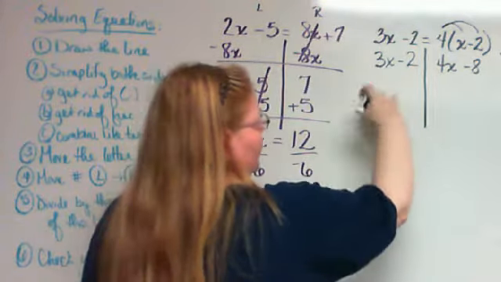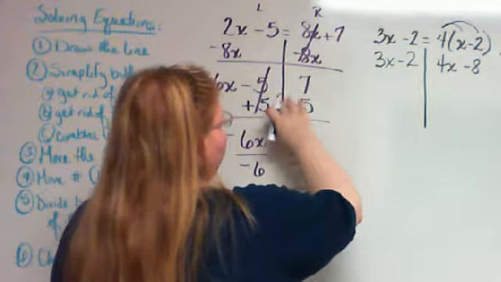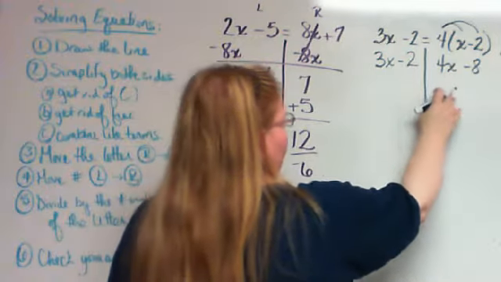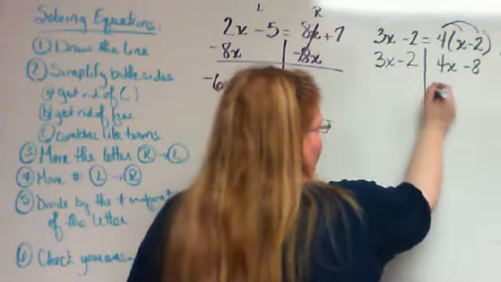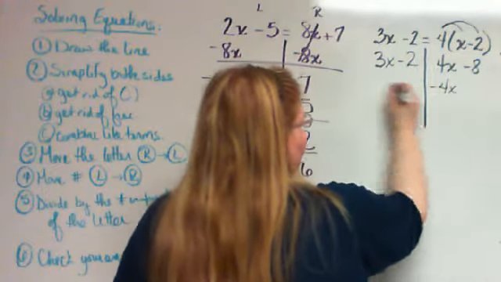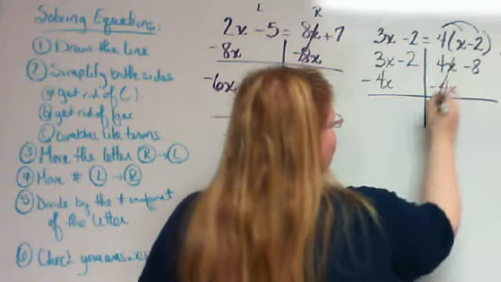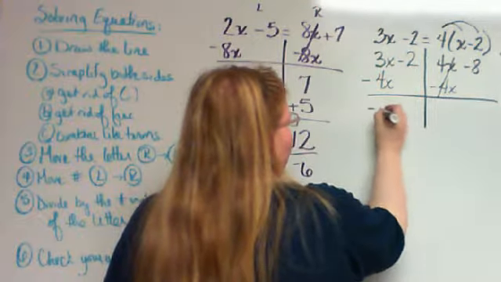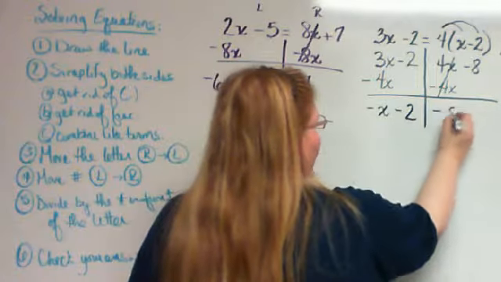We don't have any like terms on either side. So now I need to move my letter from this side to this side. So my letter over here is 4x, so I'm going to subtract 4x from both sides. That gives me a negative x minus 2 equals negative 8.